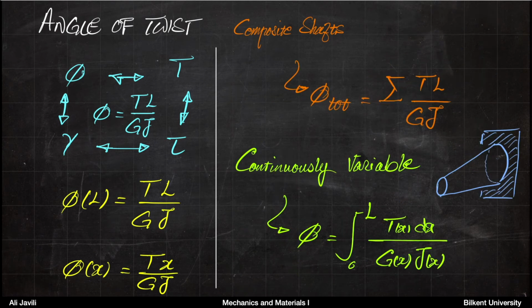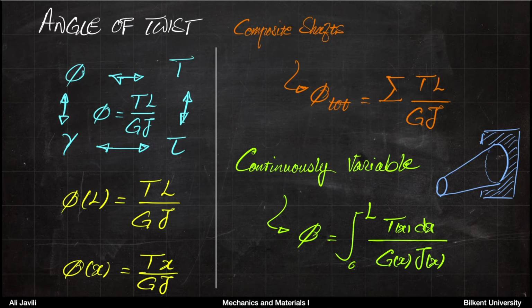Before that, let's summarize this. If you have a composite shaft, the total angle of twist is the sum of TL over GJ over all the parts. Let's say you have n parts, i runs from 1 to n. So you get TL over GJ for each component, with the corresponding values for that part.